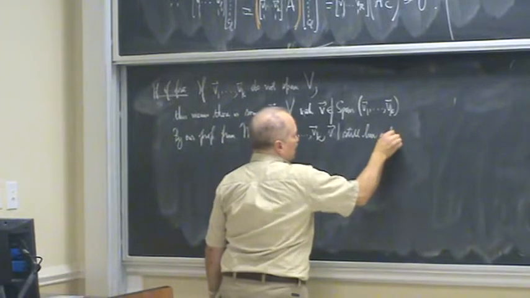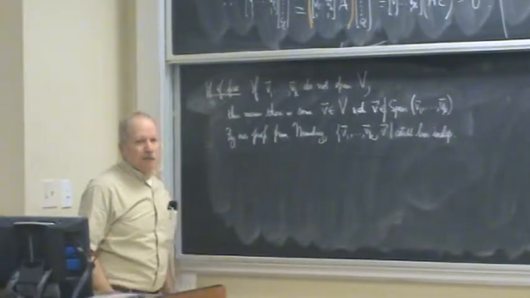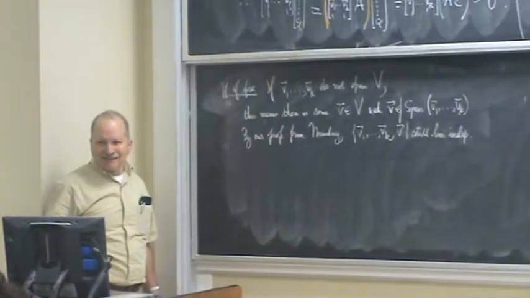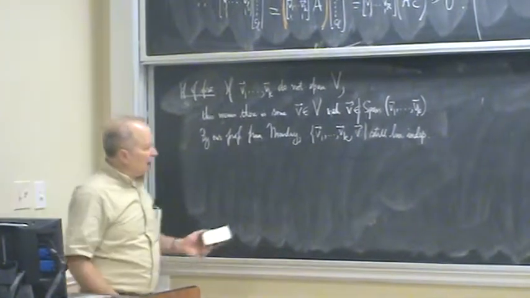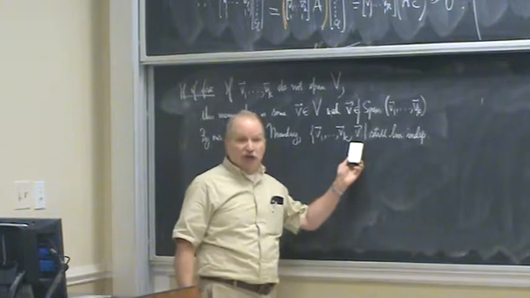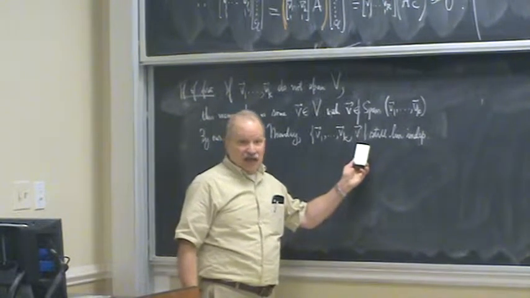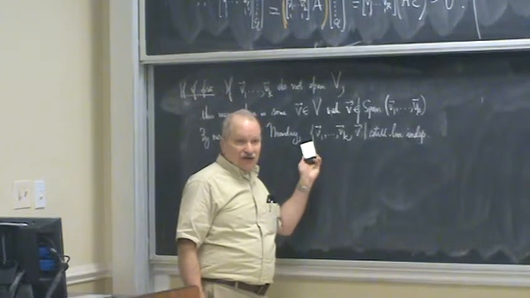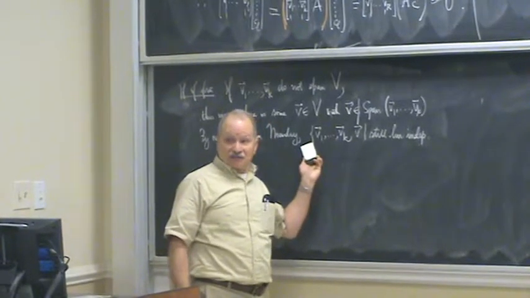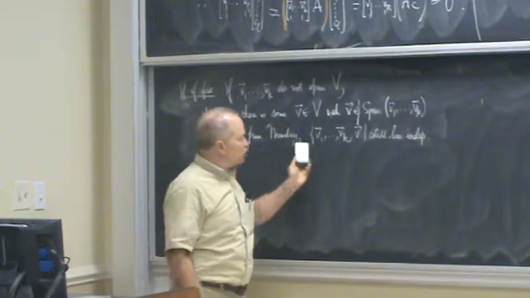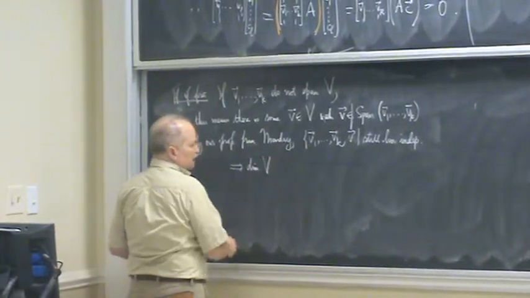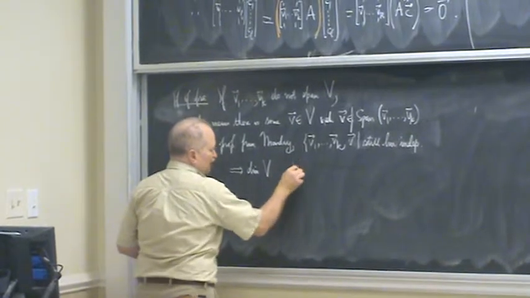All right, why is this a contradiction? Because then you have K plus one linearly independent vectors in a K-dimensional space. Either they form a basis, or they don't. If they formed a basis for your space, this would say the dimension of your V was what? At least K plus one.